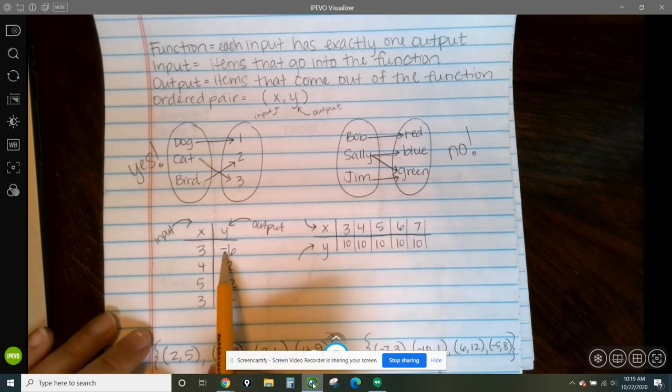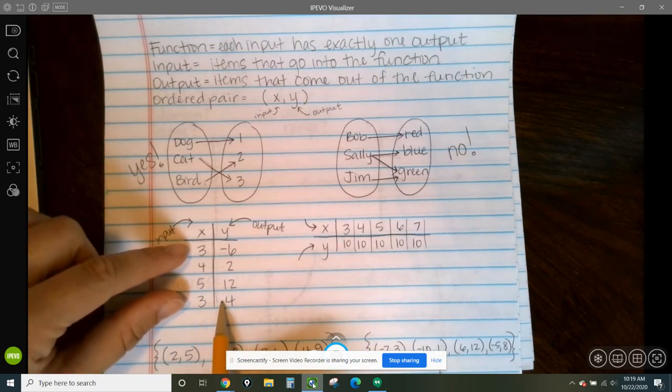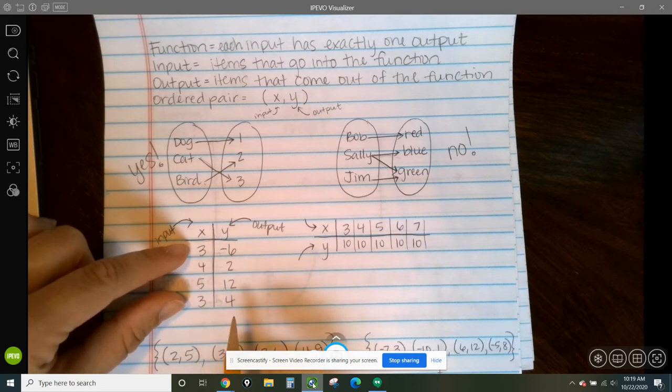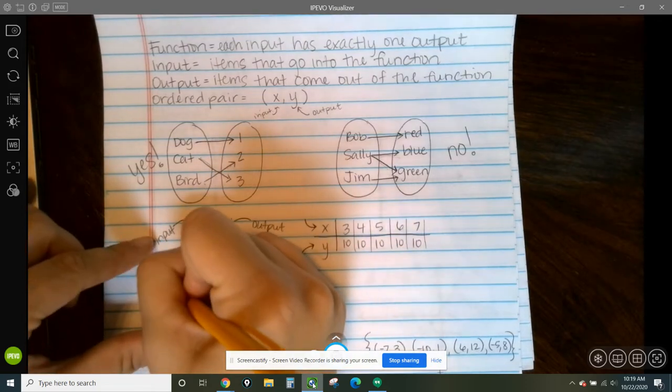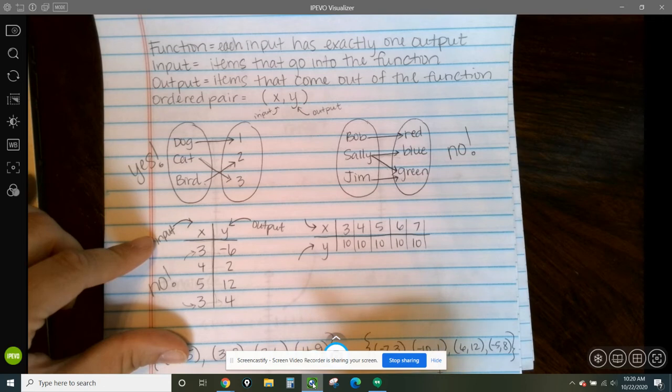I have 3 going in and I get -6. 4 goes in and I get 2. 5 goes in and I get 12. 3 goes in again. I already did 3. And this time I get 4. So here I put in 3 and I got out -6, and then I put 3 in again and I got out 4. That's not okay. That means 3, this input, has 2 different outputs. So that's a no. This is not a function because 3 cannot have 2 separate outputs.